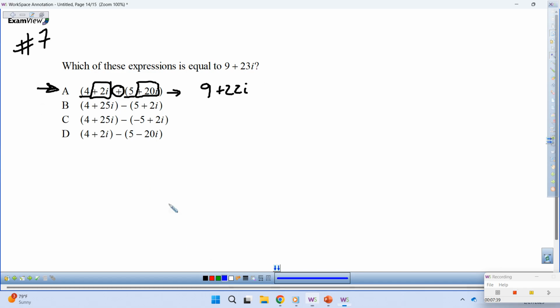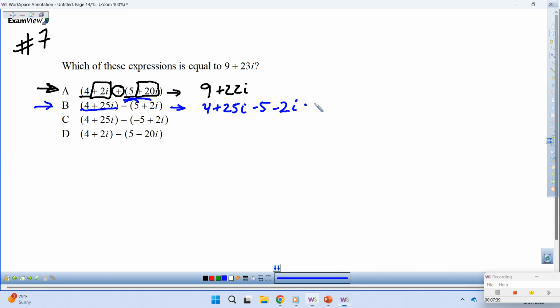I'm going to do the next one in blue. This one has a negative. What do we know about the negative? We distribute here and here. So let me rewrite this. 4 plus 25i, then minus 5, and then minus 2i, because we distribute the negative here and here.